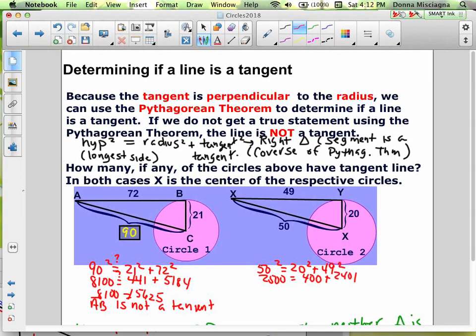And again, I should have put question marks here because we're finding it out. But 2,500 does not equal 2,801. Matter of fact, if we were classifying triangles, the first one would have been an obtuse triangle, and the second one would have been an acute triangle. So again, XY is not a tangent.